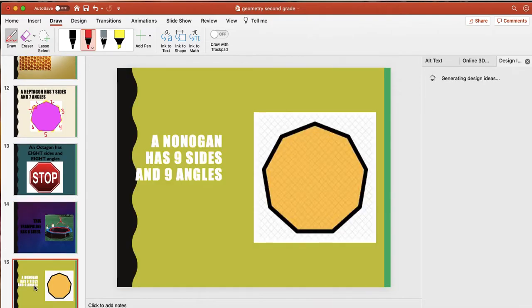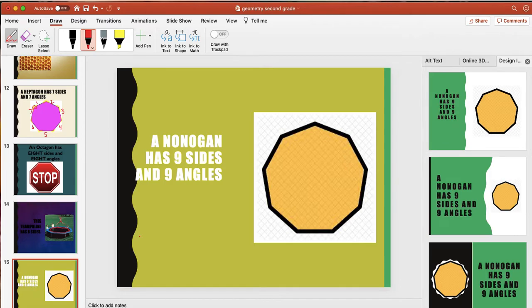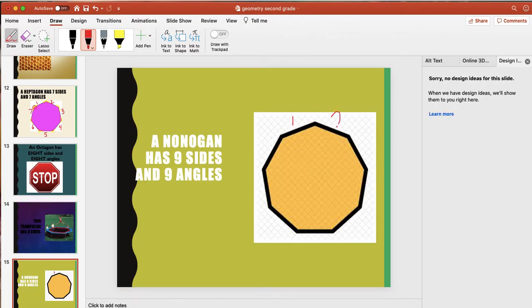Okay, the next one is a nonagon that has 9 sides and 9 angles. Let me just label them for you, it might be easier. 1, 2, 3, 4, 5, 6, 7, 8, and 9. 9 sides and 9 angles is a nonagon.